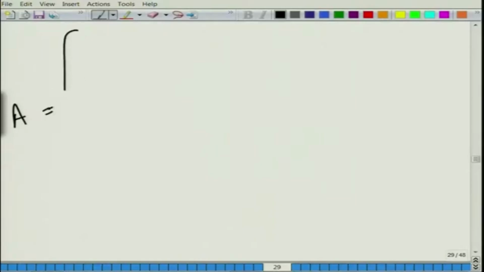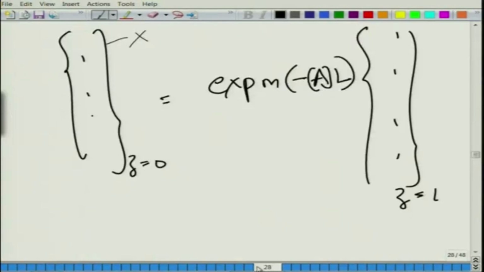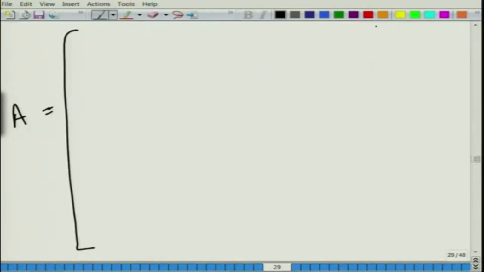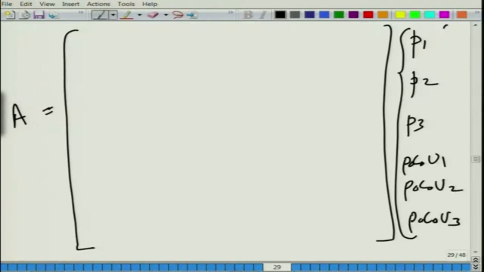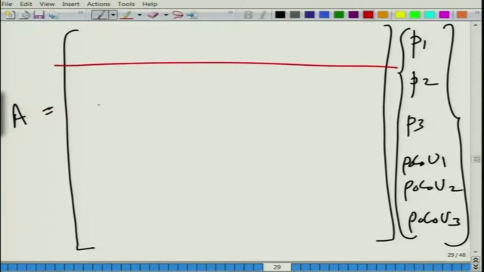So, here it is written in the following form, the A matrix, where the subscript 2 denotes the middle or the annular cavity or the chamber itself.